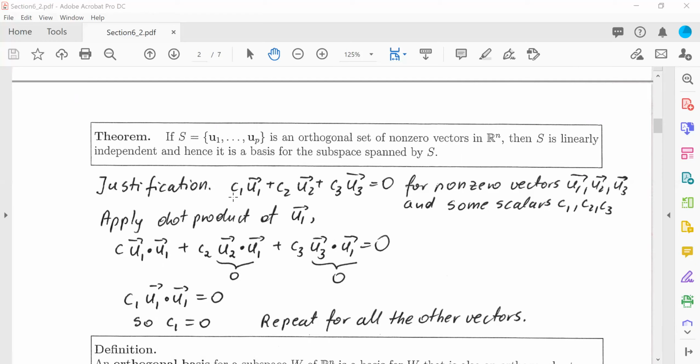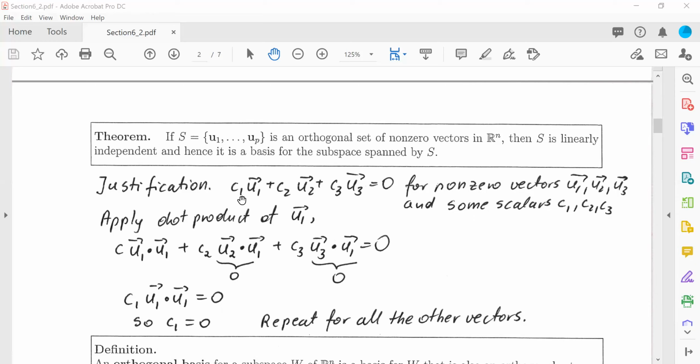To show linear independence, I would need to show that C1 U1 plus C2 U2 plus C3 U3 equals 0. I'm doing this for three non-zero vectors and some scalars C1, C2, C3. And we know that in order to be linearly independent, those scalars must all be 0.